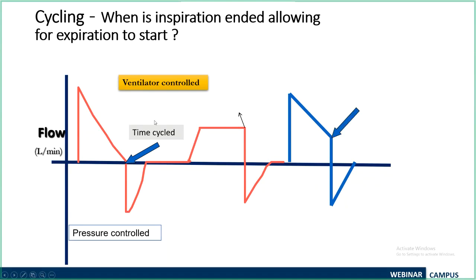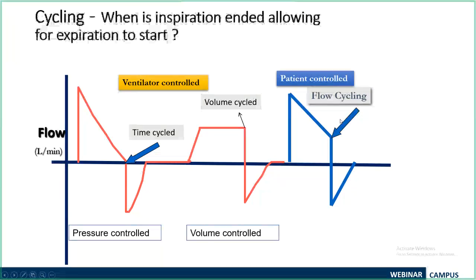So this is a ventilator control, and it can be depending on the flow cycling as well. You can adjust at what level of flow, when the flow is coming down, whether at 25% of the peak flow or 50% of the peak flow, it has to cycle to the expiration. This is possible especially for a spontaneously breathing patient, and this is called an expiratory trigger sensitivity.